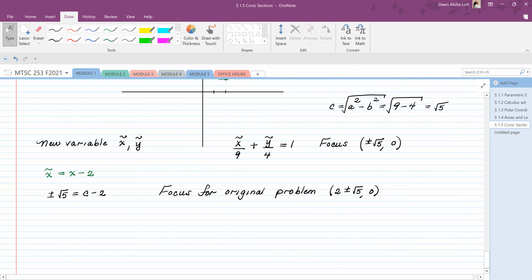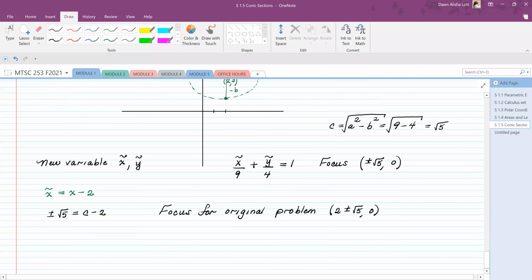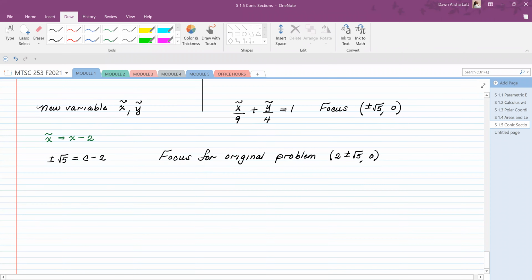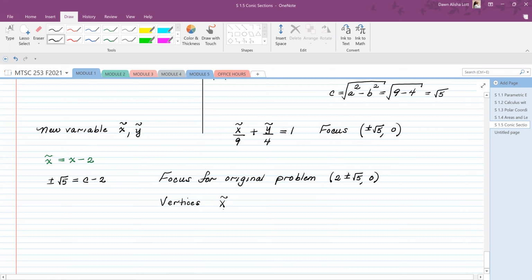All right, so that's how we found the foci for the original problem. What are the vertices? Well, the vertices of x tilde squared over 9 plus y tilde squared over 4 is equal to 1, we're going to use A. They're plus or minus A, 0.